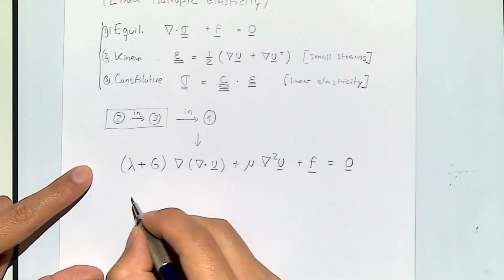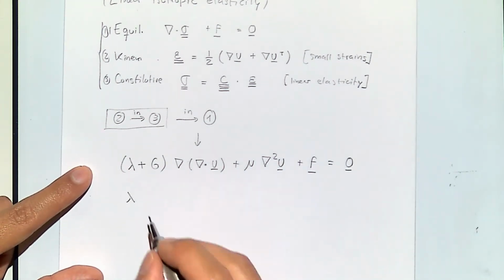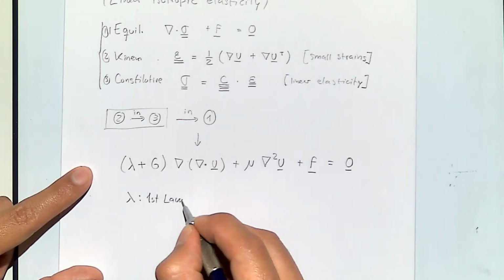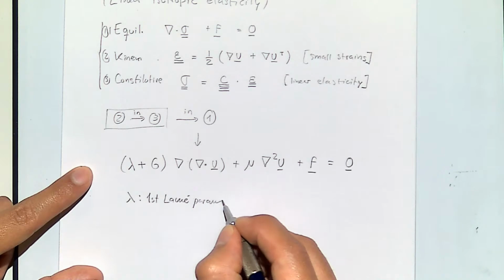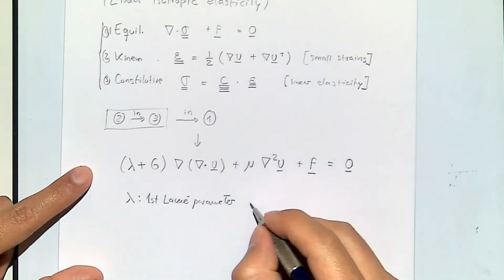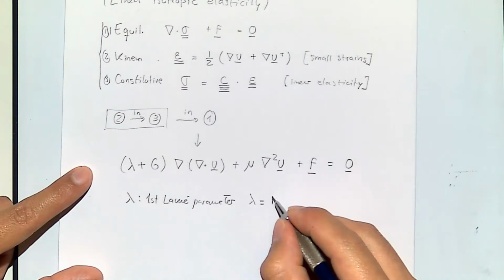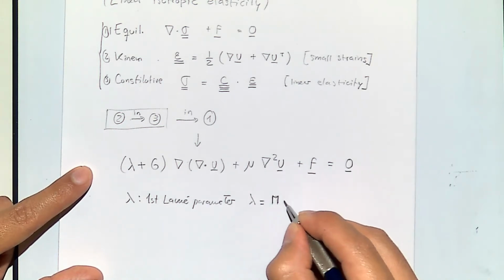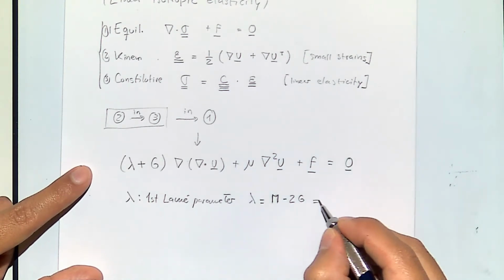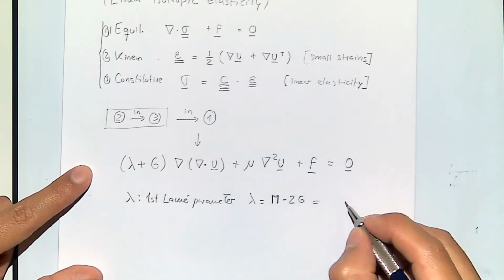Where lambda is what is called the first Lamé parameter, and it is going to be equal to the M modulus minus 2 times the shear modulus, and it's also equal, if I remember correctly, let me check this later, okay?